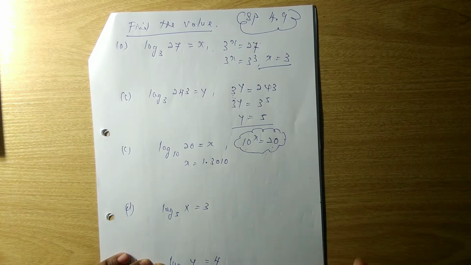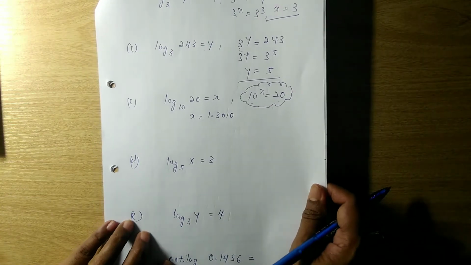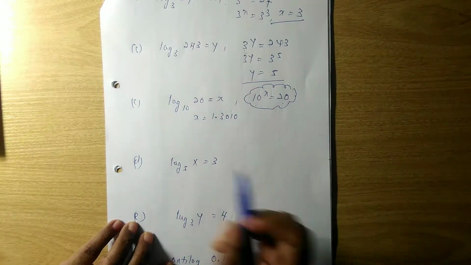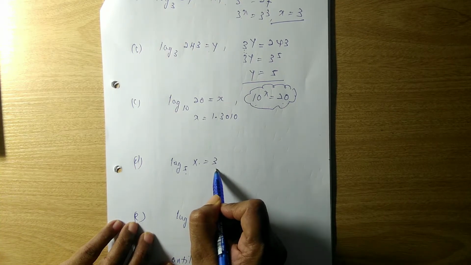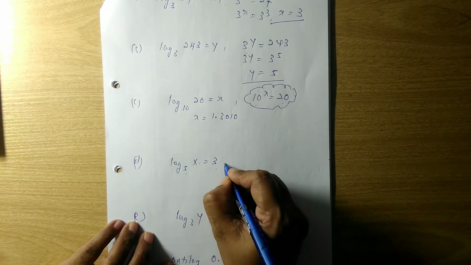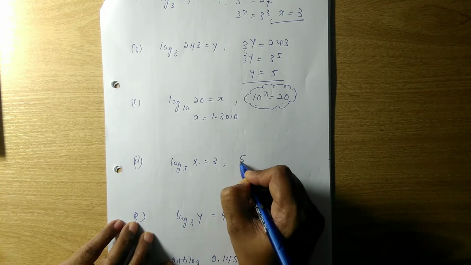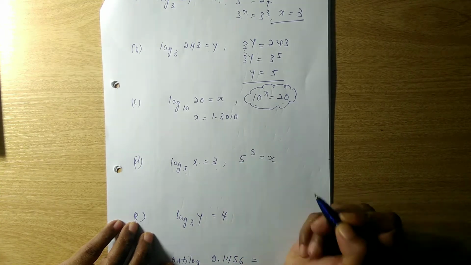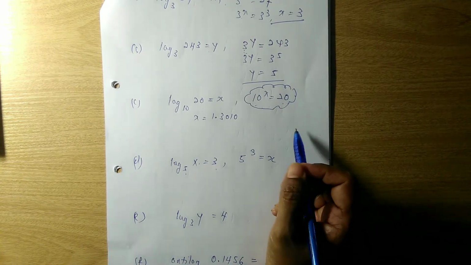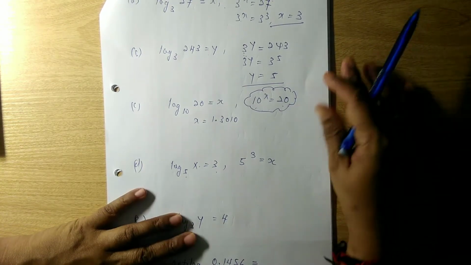Now let's say you've got something like this: log x base 5 equals 3. In this case, I will say 5 to the power of 3 equals x, just like what we did previously, convert.